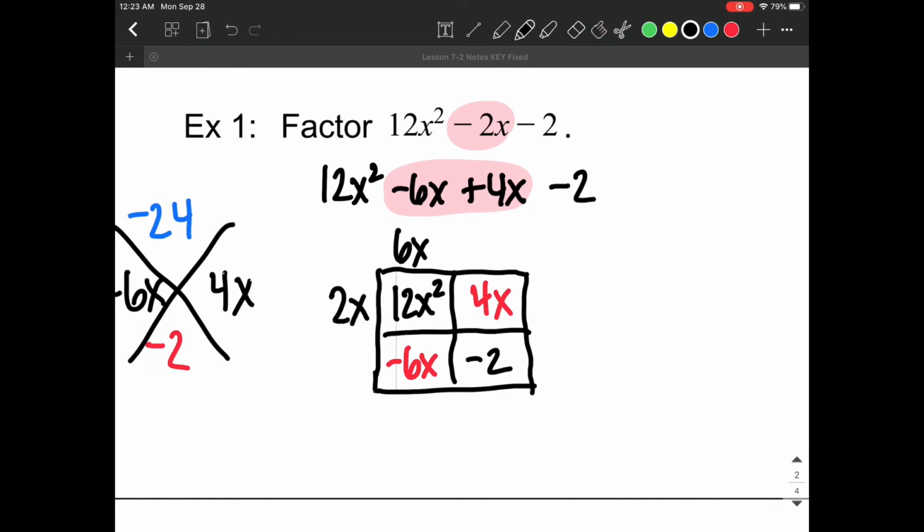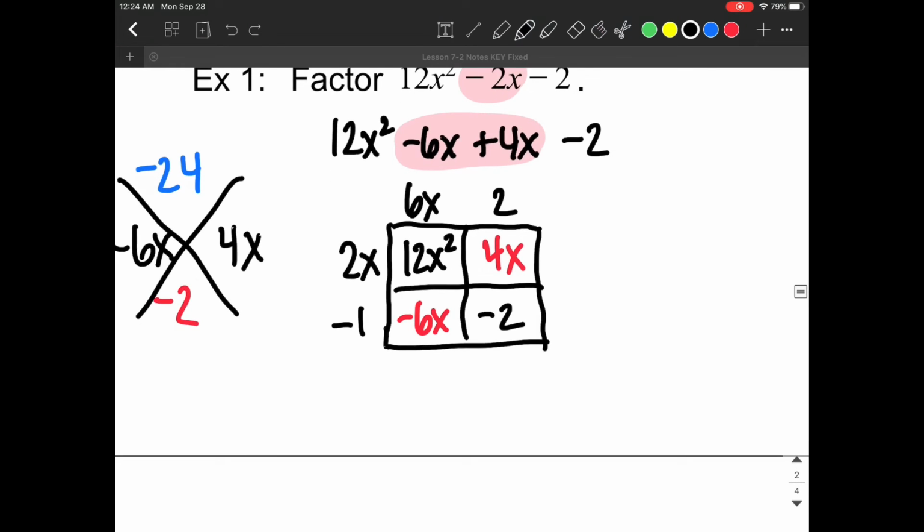Let's see if that works. Well, 6x times what gives me negative 6x? 6x times negative 1. And 2x times what gives me 4x? 2x times 2. Wait, oh my god, I didn't write the negative 1. Does 2 times negative 1 give me negative 2? Yes, it does. So this works.